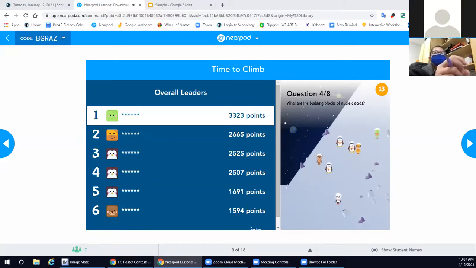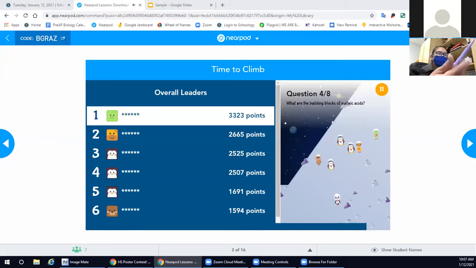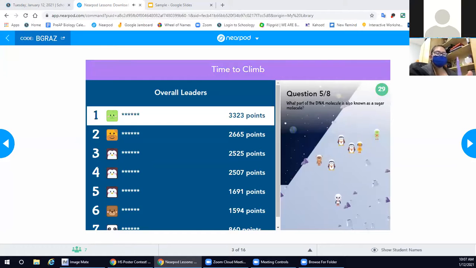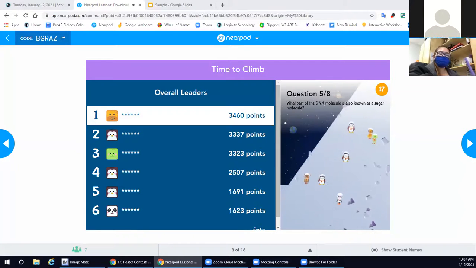That would be the nucleotides. Next question. What part of the DNA molecule is also known as the sugar molecule? That's the deoxyribose. Y'all are doing great.